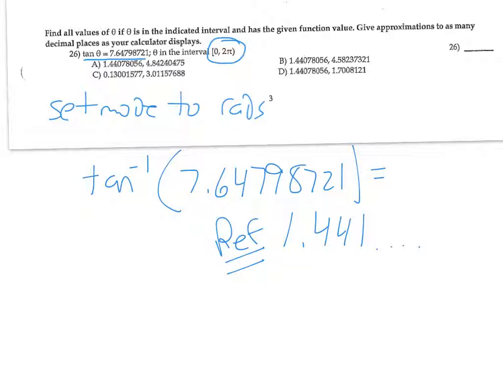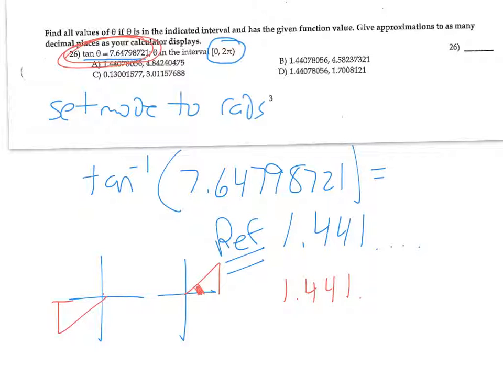Well, what we need to know is where do we put that reference angle? According to this up here, tangent was positive. So tangent is positive if you are in the first quadrant and third quadrant. If I'm in the first quadrant, the reference angle we've learned in class is exactly one of the answers. So go looking for one of the answers to have 1.441 and so on.